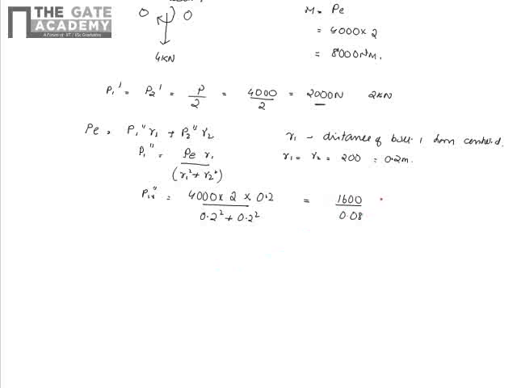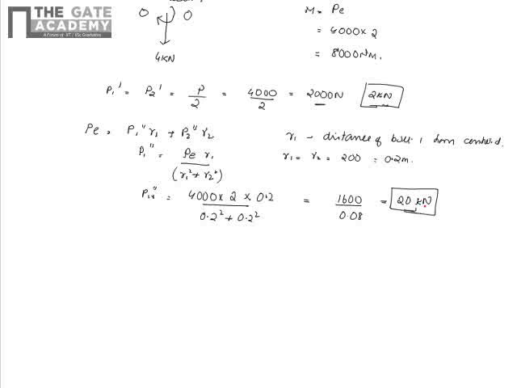This will be 20 kilonewtons. Therefore, the primary shear force on bolt P is 2 kilonewtons, and the secondary shear force on the bolt P is 20 kilonewtons.